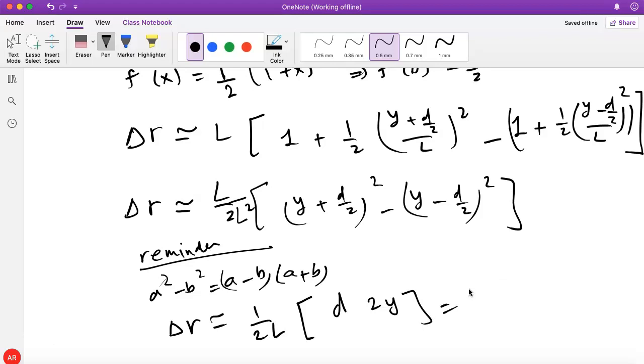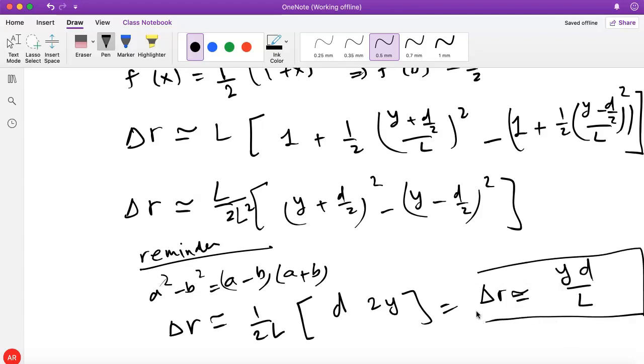So we found that delta r is, in the limit of very large L, approximately y times d over L. An extremely simple expression.